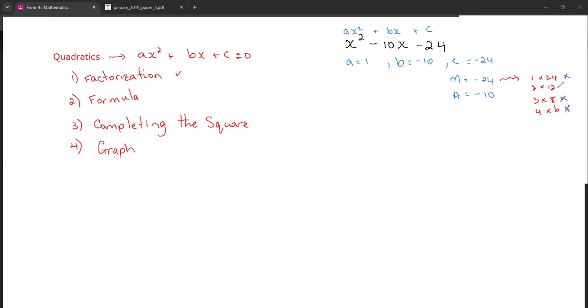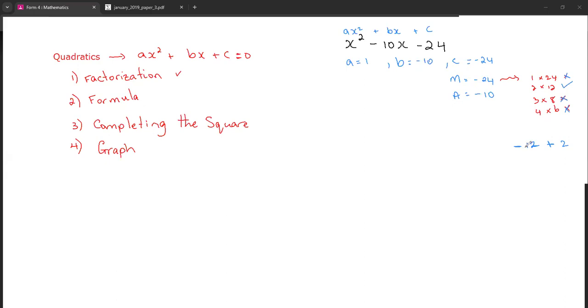However, if I subtract 2 from 12, I'll get 10. So I could use 12 and 2. All right, so negative 12 and positive 2 are the two numbers that when I multiply them, negative 12 multiplied by 2, I'll get the negative 24.